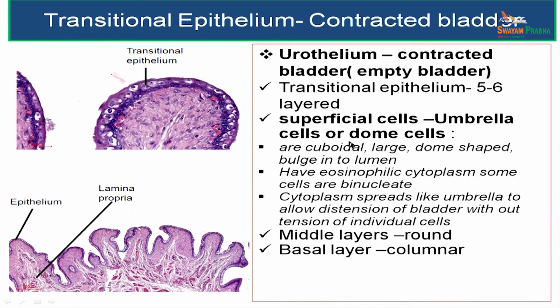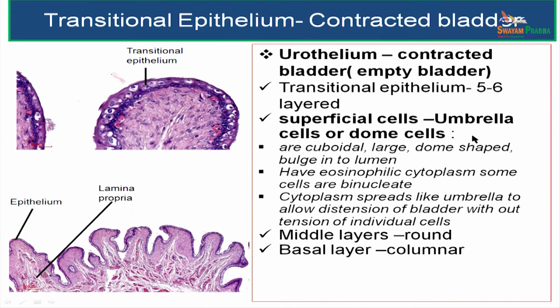How do these cells look? They are cuboidal, large, dome shaped, and they bulge into the lumen. The cytoplasm is eosinophilic. Sometimes you might see some cells with 2 nuclei, called binucleate.